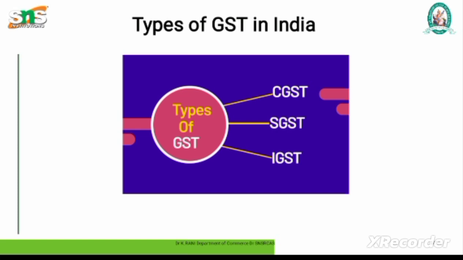The UTGST is applicable on the supply of goods and or services in Andaman and Nicobar, Chandigarh, Dadra and Nagar Haveli, Daman and Diu, and Lakshadweep. The Union Territory Goods and Service Tax is governed by the UTGST Act.